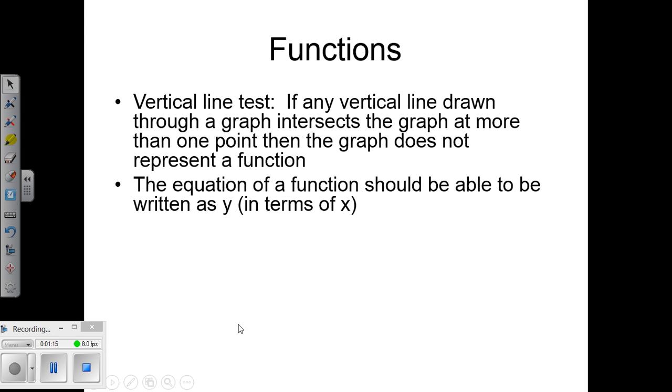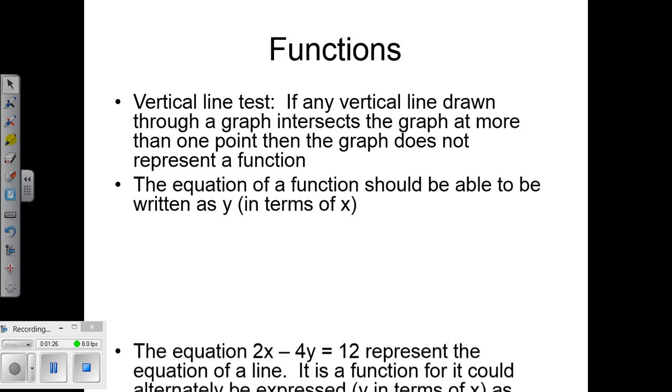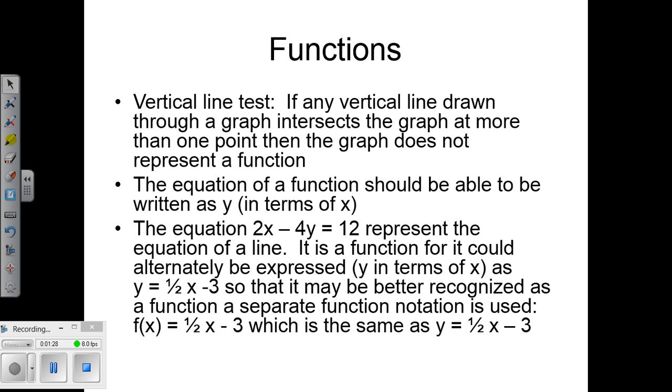Functions are recognized because they can be written explicitly y in terms of x. Explicitly y in terms of x. So here you go. An equation of a line as represented here, 2x minus 4y equals 12, is not explicitly written y in terms of x.